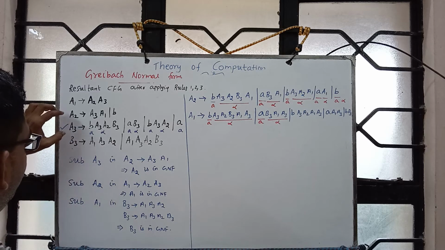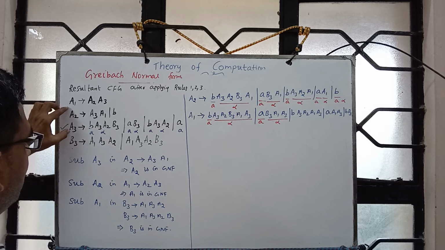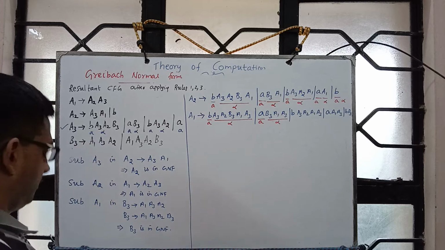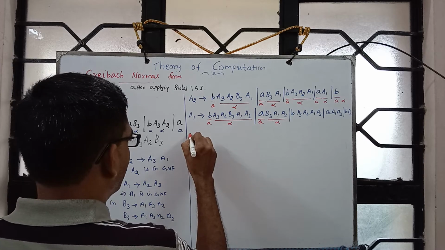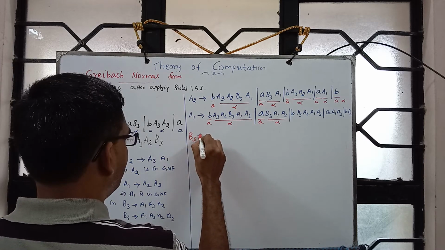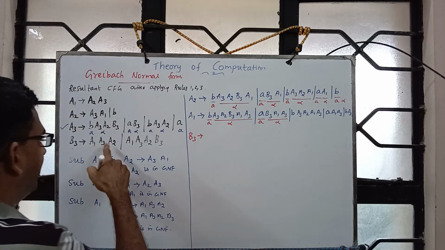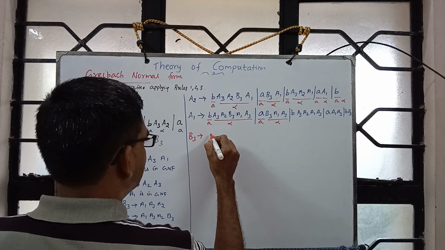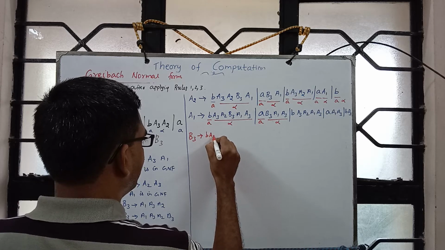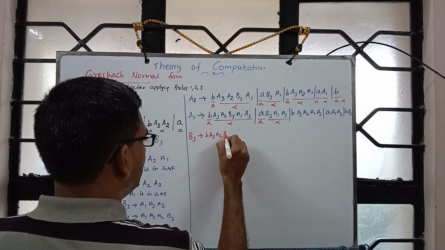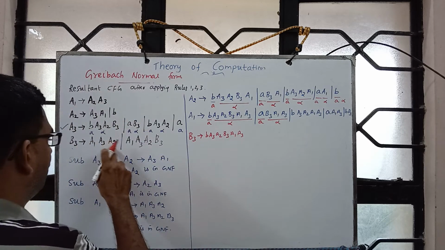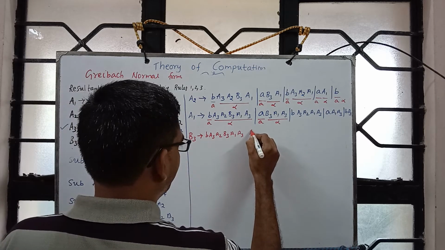Now that you have the value for A1, substitute over here. So now you see that B3 implies A1 A3 A2, and in place of A1 substitute this, B A3 A2 B3 A1 A3 followed by A3 A2.